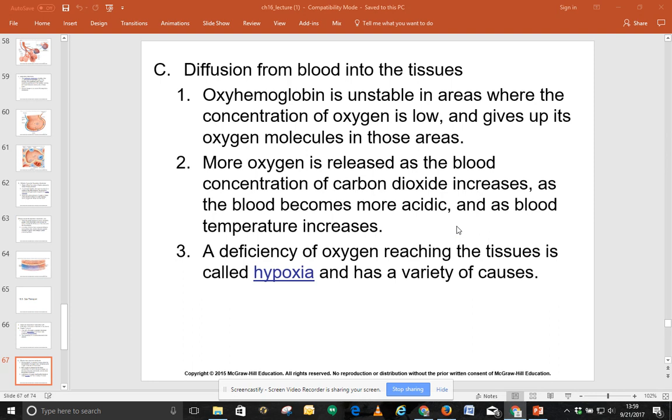Most people don't realize that. You would have to have one of those pulse oximeters on your finger to actually see how that works. But trust me, your oxygen does go down when you have a fever. A deficiency in oxygen reaching the tissues is called hypoxia. So flat out, oxygen doesn't get to the tissues, hypoxia, and it has a wide variety of causes.